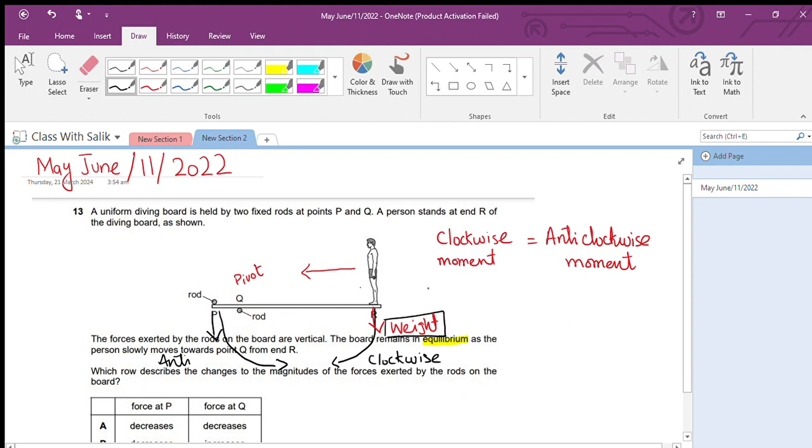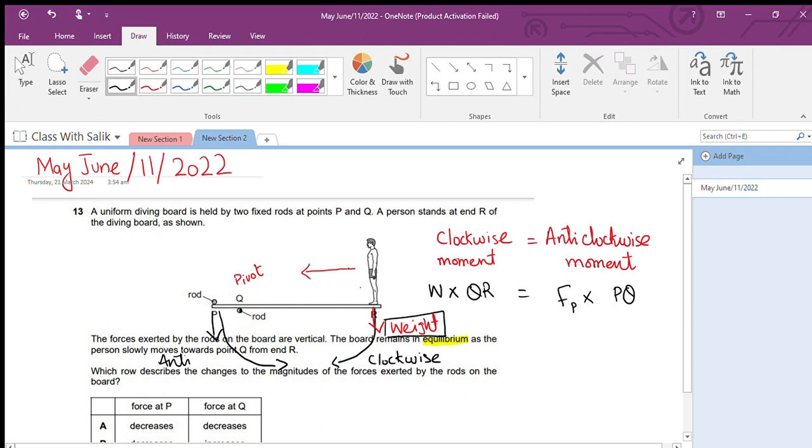Force is W into the distance from the pivot. This is your pivot, right? So QR is your distance. It's equal to the force FP into the distance from the pivot, PQ.